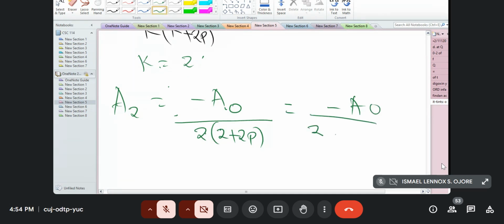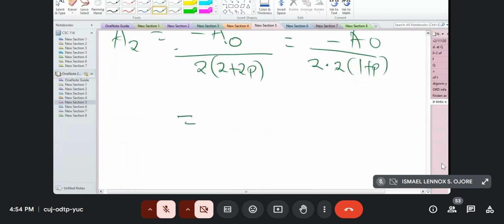You can factor out what is common, which is 2. So combine the 2 and 2 to get 2 raised to power 2 times 1 plus p, or p plus 1, it's the same thing. When k is 2, you have A2 is minus A naught over 2 raised to 2 times p plus 1.